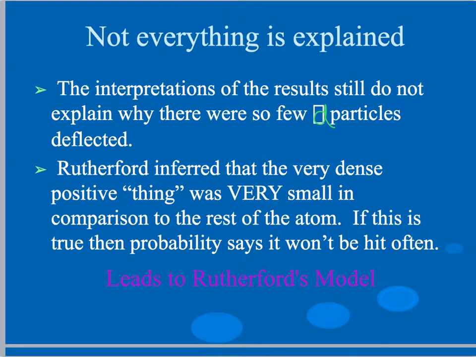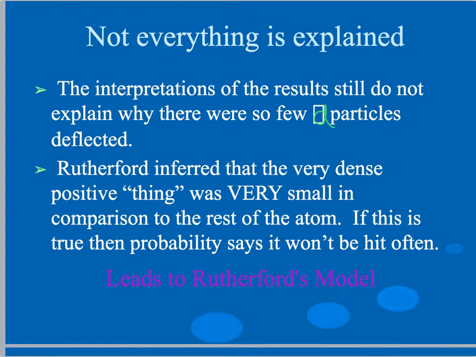So Rutherford's interpretations didn't really explain why so few alpha particles were deflected. So he had to put all of his inferences together to come up with this final understanding. What he inferred from the numerical data as well as from the observational data was that the very dense thing in the center that was positive was very small in comparison to the rest of the atom.